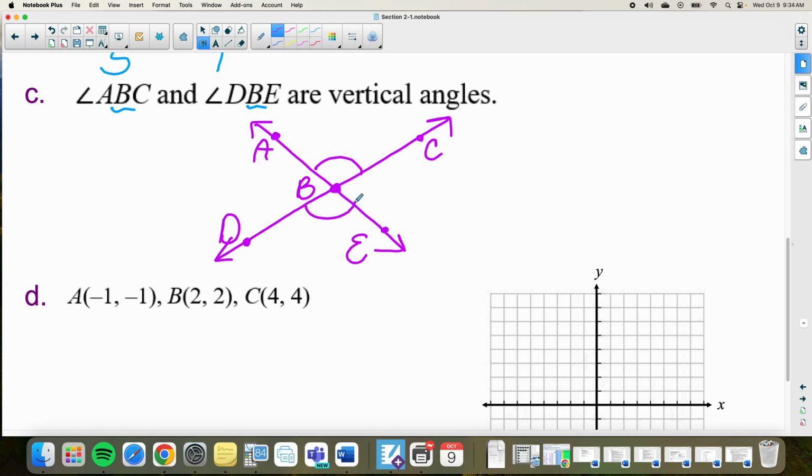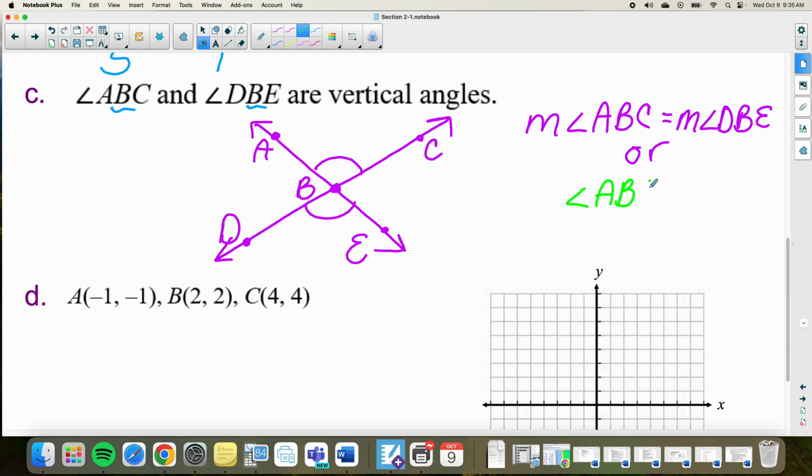Okay? Now again, what do we know about vertical angles? We know they are equal. So what we could say here is either the measure of angle ABC equals the measure of angle DBE, or you could say that angle ABC is congruent to angle DBE.